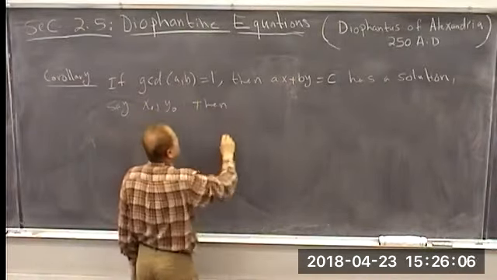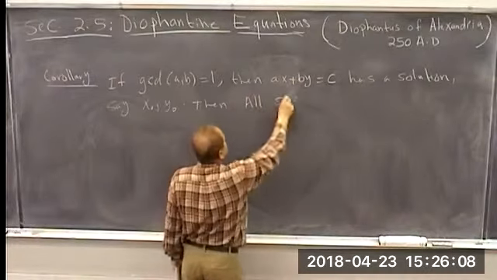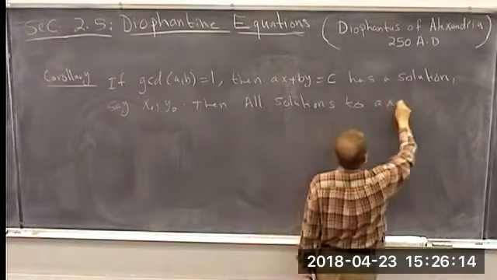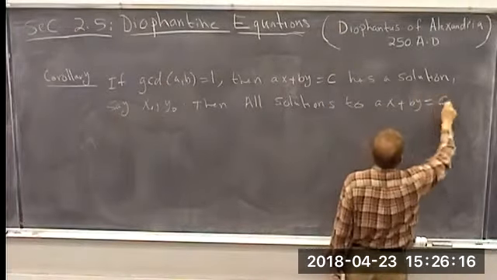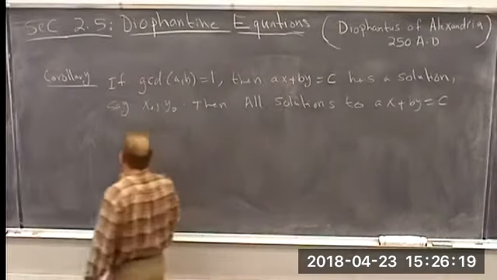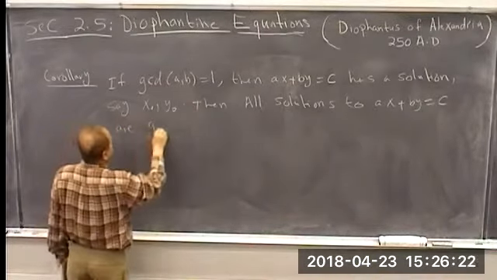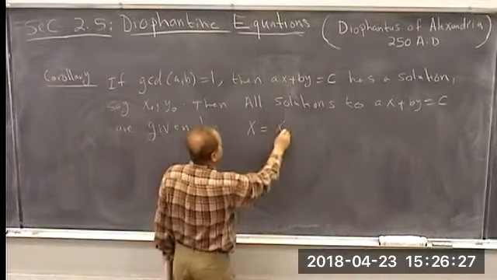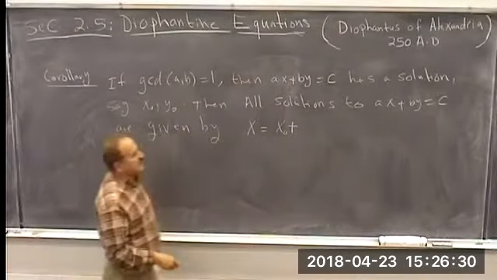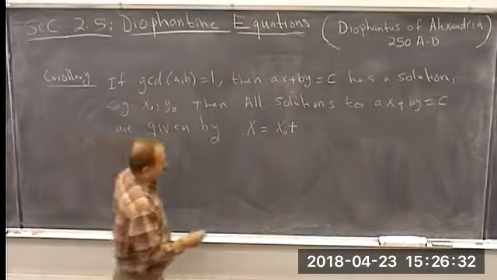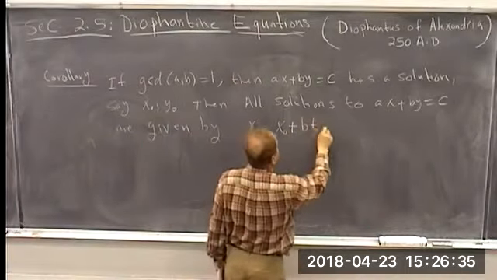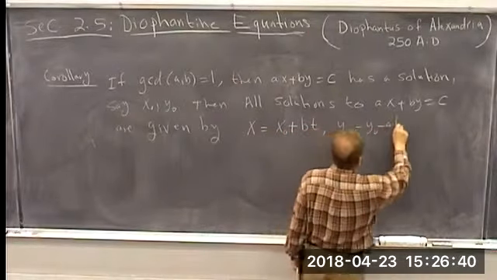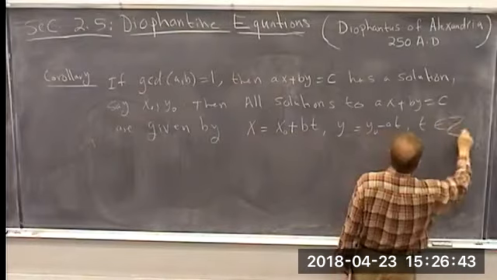Then all solutions to ax plus by equals c are given by x equals x sub 0 plus bt, y equals y sub 0 minus at, where t ranges over all the integers.